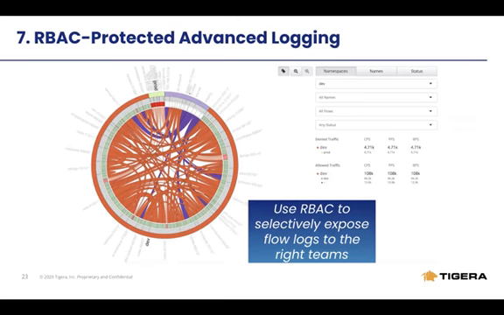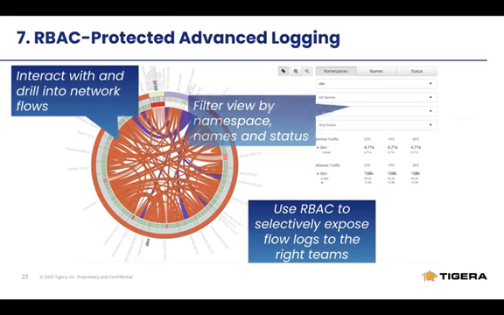Finally, RBAC is really critical when it comes to securing any multi-tenant environment. In Calico Enterprise, we provide easy-to-use flow logs and a flow log visualizer to fully understand what's going on in your environment.